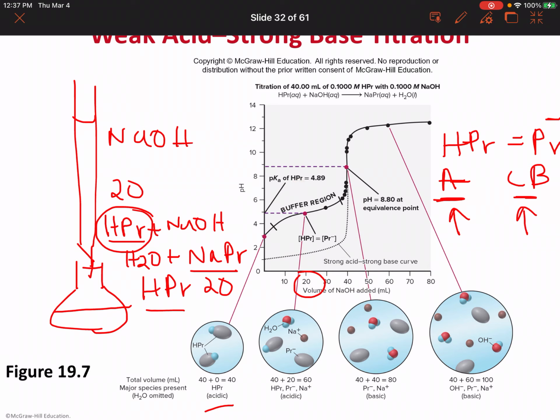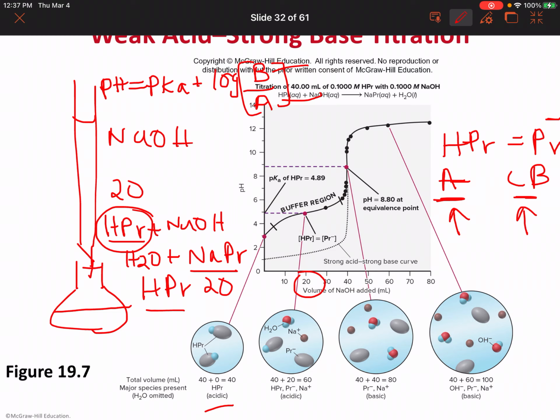I hope you guys remember the Henderson-Hasselbalch equation, where the pH of a solution is pKa plus log of the concentration of base over the concentration of acid. Now the base is the conjugate base, and HA is the acid.